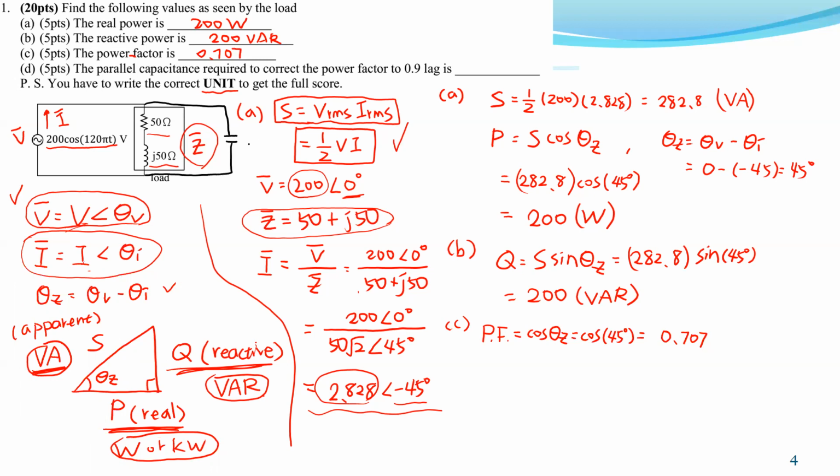Suppose this is C, and ZC equals 1 over J omega C, and the unit is ohm, since it is an impedance. Because they have the same voltage, we can write the equation using complex power.